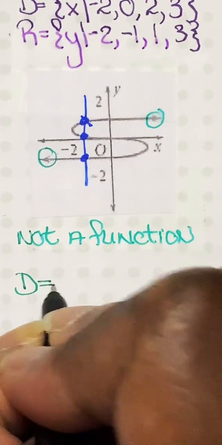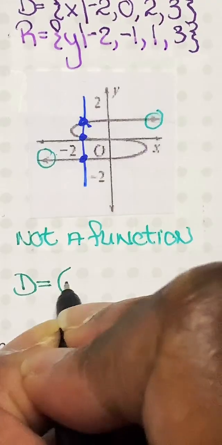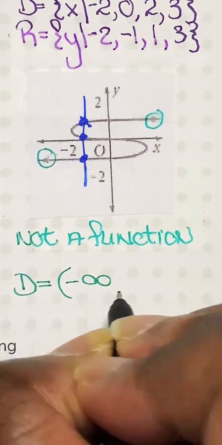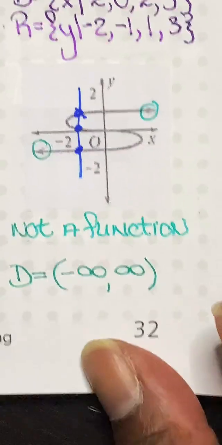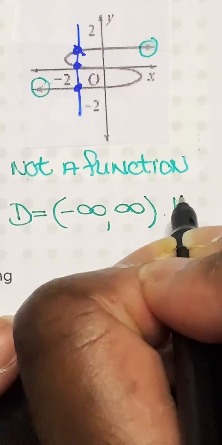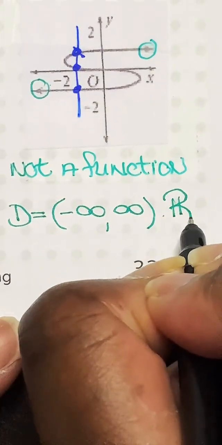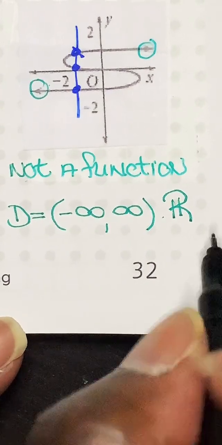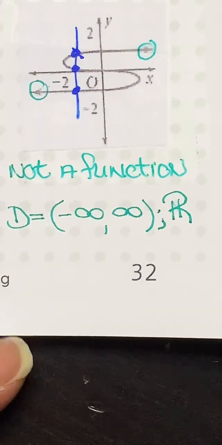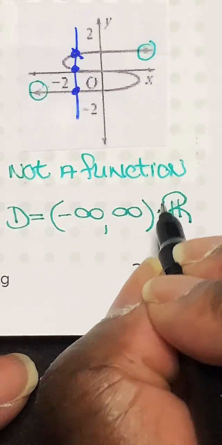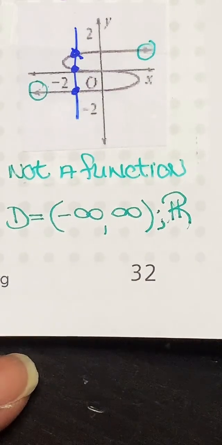So my domain is negative infinity, positive infinity. Now another symbol to say all real numbers, you could say this, the double R. Okay, that's also the symbol for all real numbers. It's like you're drawing an H and then you look like you're drawing a capital R around it.